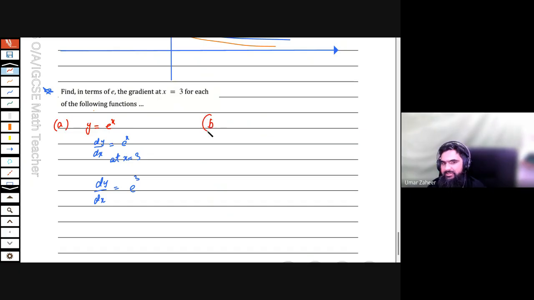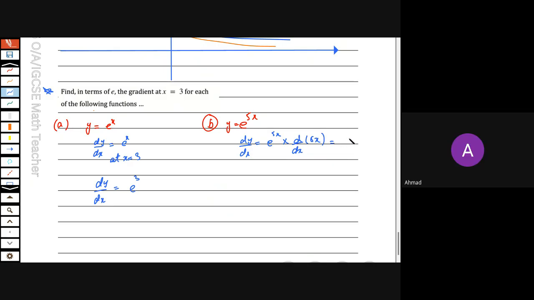Now in the b part, he says that you have e power 5x. So again, we have to take the derivative, dy by dx. So e power 5x as it is, but multiply with the derivative of the power. And the derivative of 5x is 5.